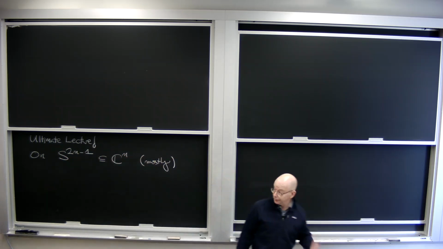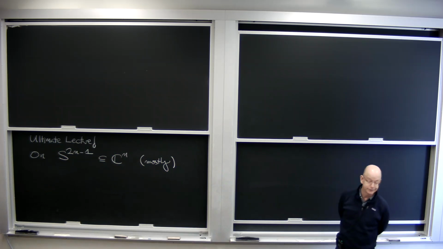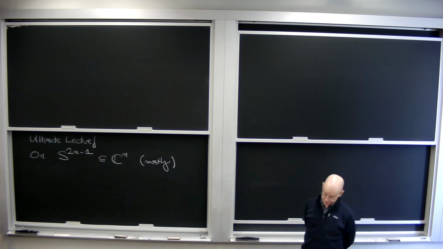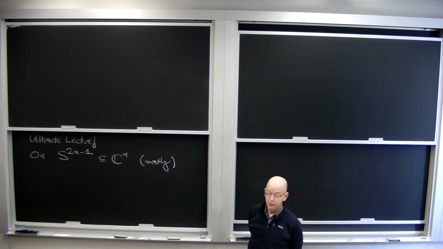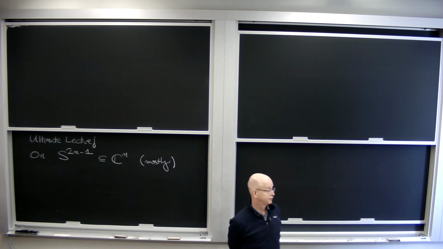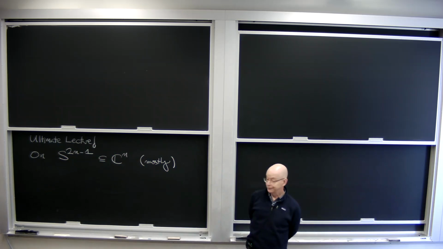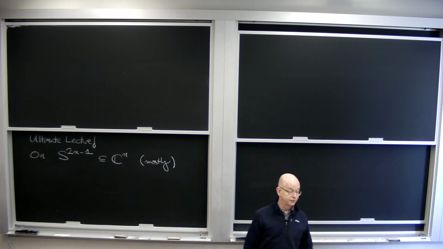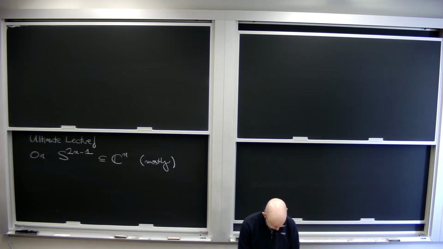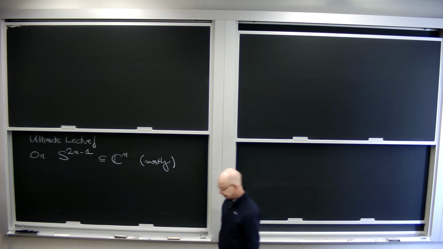It's an example of a contact manifold, and so we'll use this one example to explore a little bit about some of the generalizations of this theory of scalable operators that we've been discussing, without getting hopefully into too much detail.